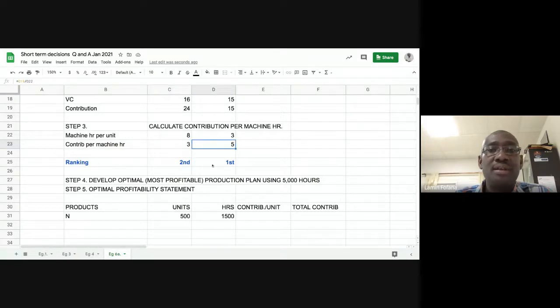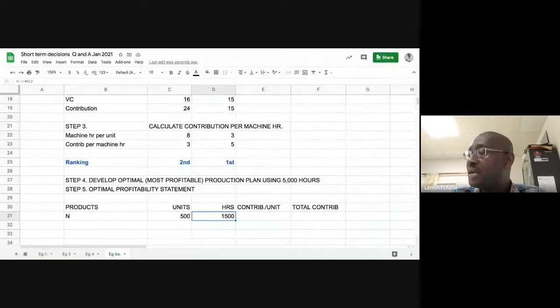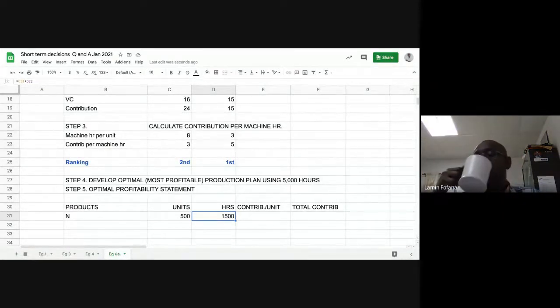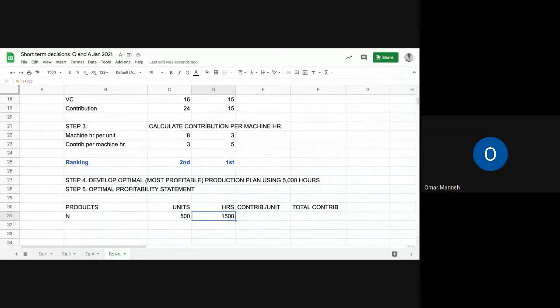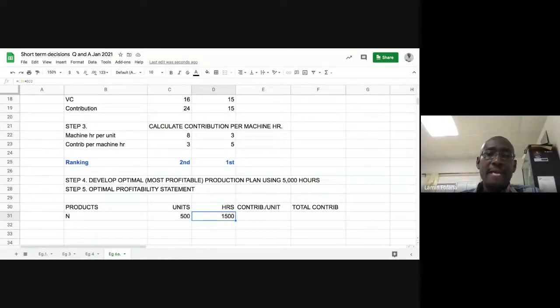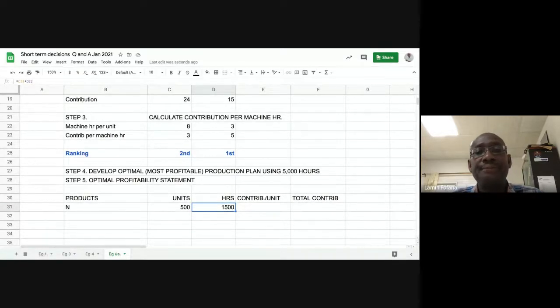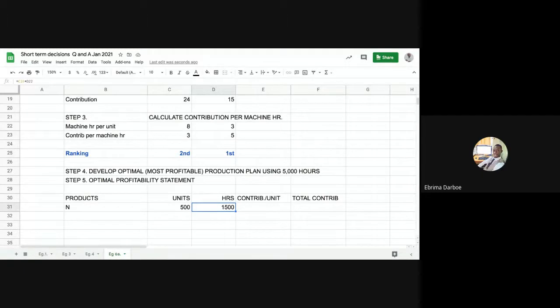Once you have something already done and you need to calculate on it, just use the cell reference of it. You don't have to type it. Is that clear? Excellent. Shall we move? So far, so good? Okay, we can proceed.